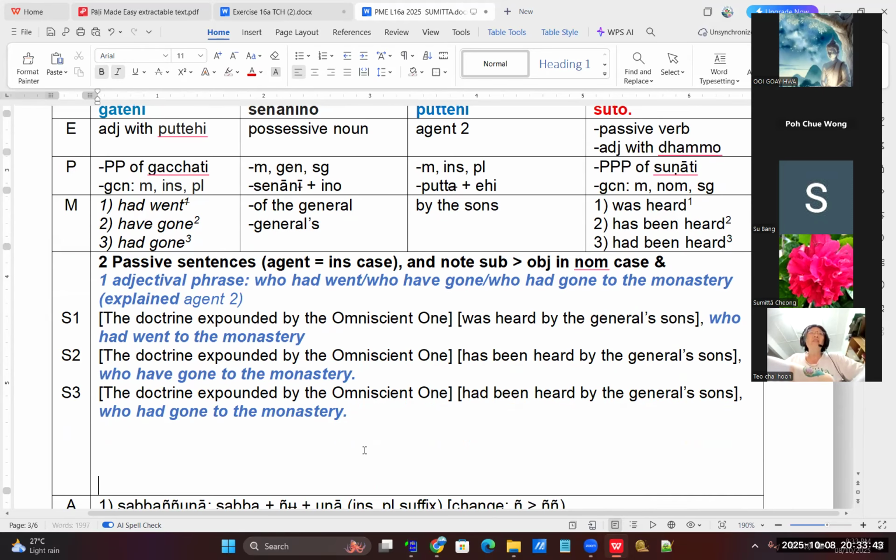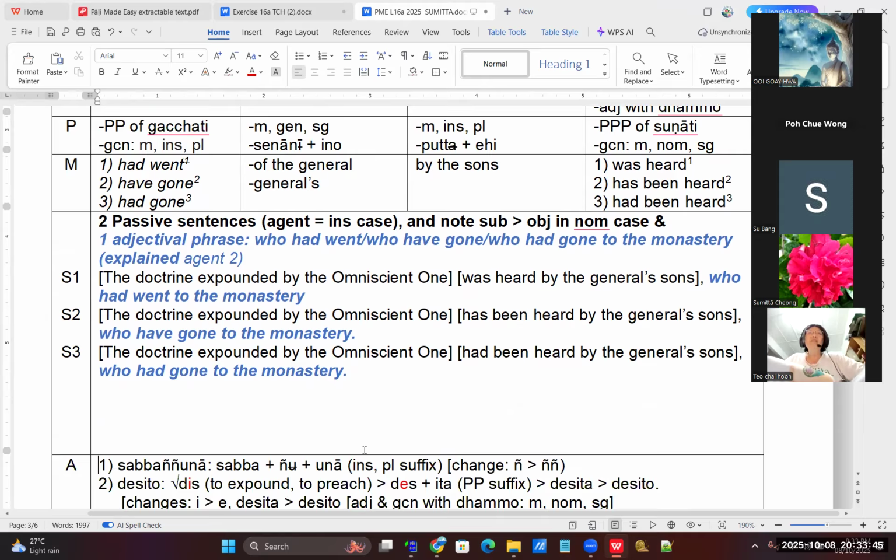If you're going to write like this, sentence one, sentence two, sometimes there is no need to be so complicated. You can just do it like this with the Dhamma. I will write it in this way. Expounded by the omniscient one, like this, was heard like this.